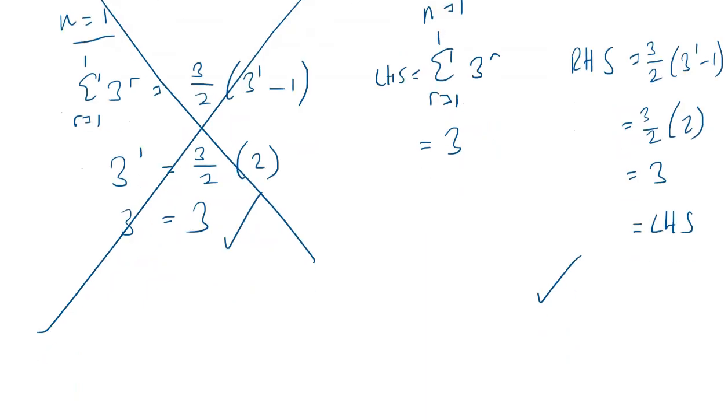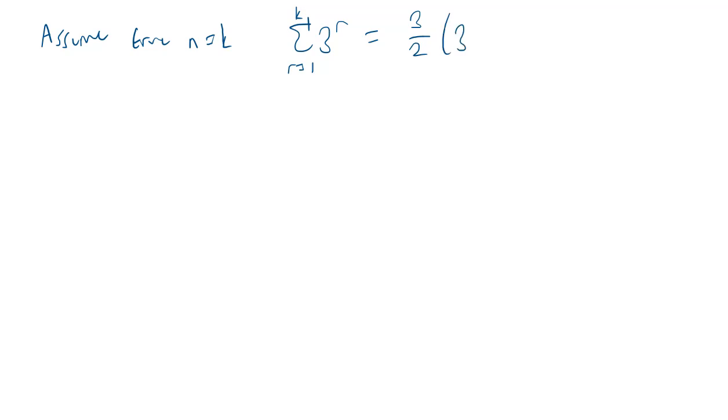Now while we're talking about induction, it seems like we should probably just look at the rest of it. I like to see the line that says assume true for n equals k. So we are assuming that the sum from r equals 1 to k of 3 to the power of r equals 3 on 2, 3 to the power of k minus 1.